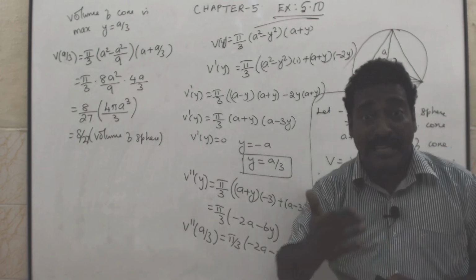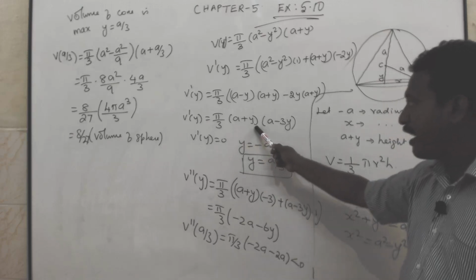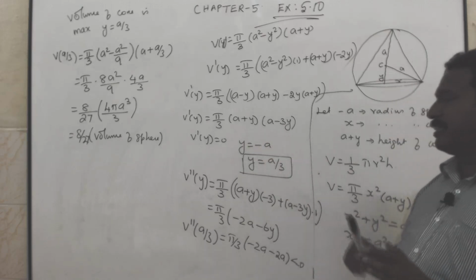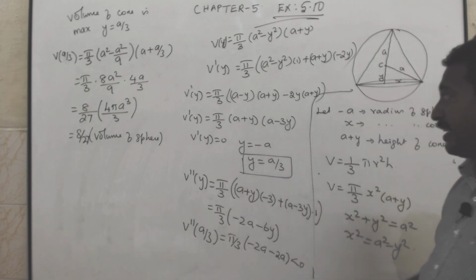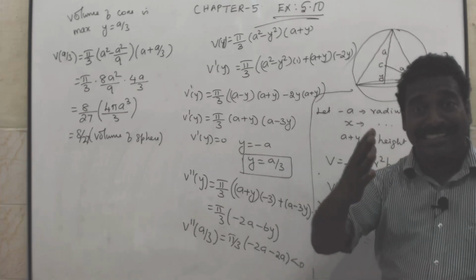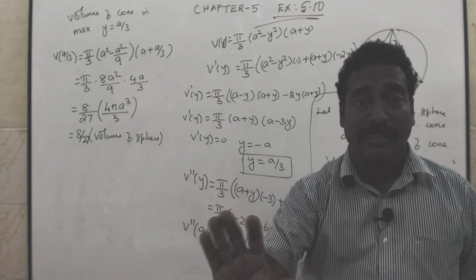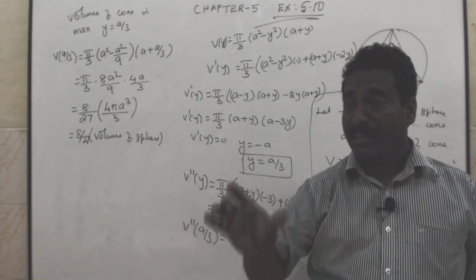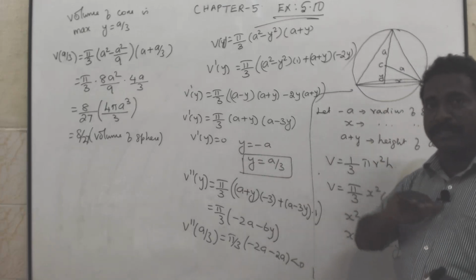V dash of y equals 0. So the only possibility is either a plus y equals 0 or a minus 3y equals 0. a plus y equals 0 means y equals minus a; a minus 3y equals 0 gives y equals a by 3. Length can't be negative. If someone asks you to measure, you definitely can't measure minus 5 centimeter. Length is always positive. That's why we consider only y equal to a by 3.